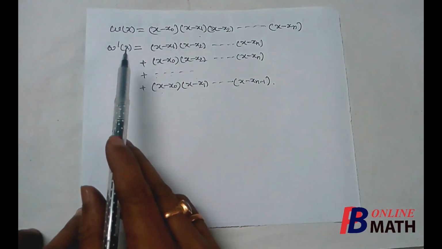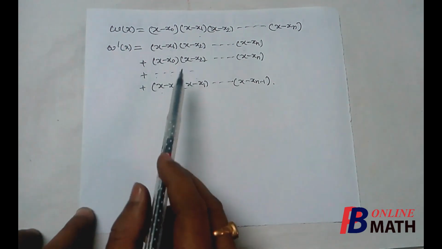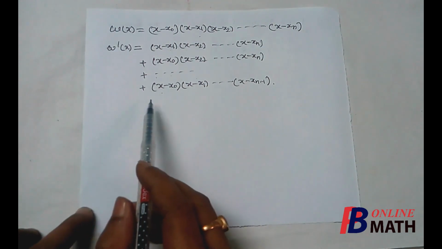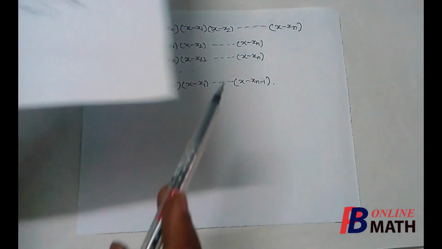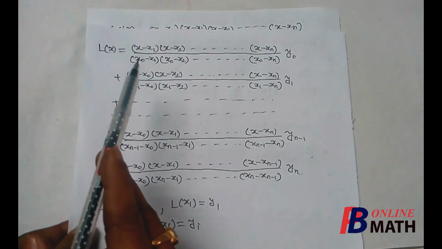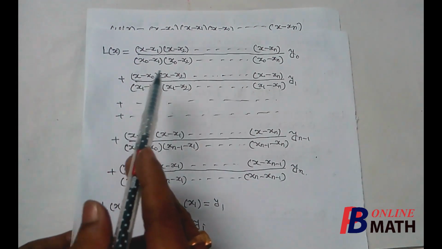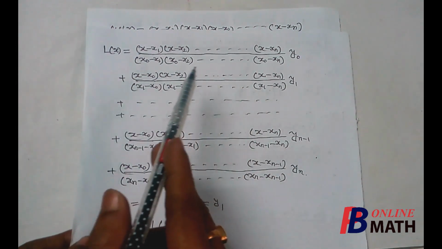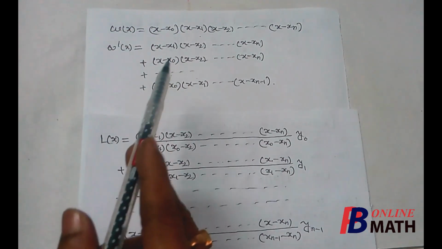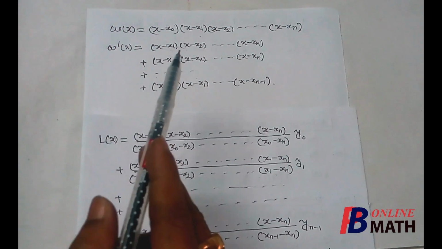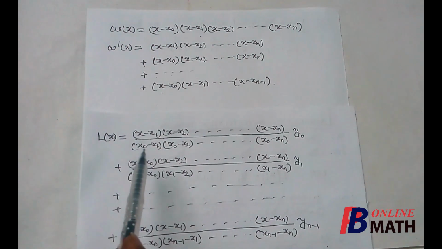If we replace x equal to x1 here, then except for the second term, all the remaining terms will vanish. So if we put x equal to x0 there, then this will be nothing but the denominator of the first term. So the denominator of the first term is nothing but omega dash x0, because if we put x equal to x0 here, then we shall get x0 minus x1, x0 minus x2 up to x0 minus xn, which is exactly there.